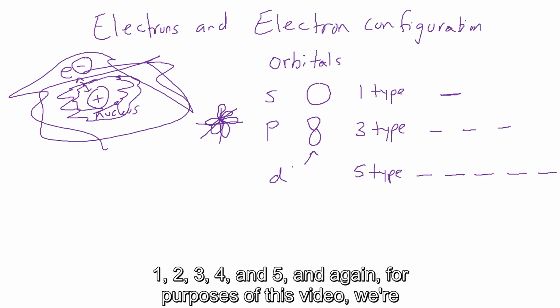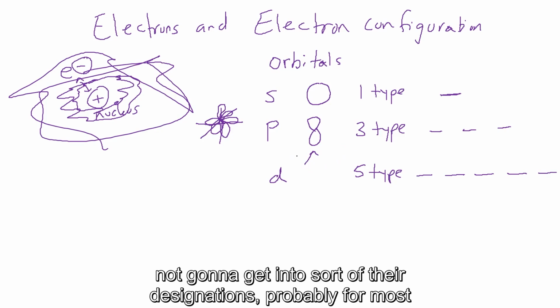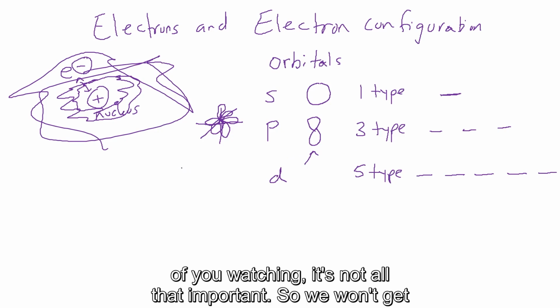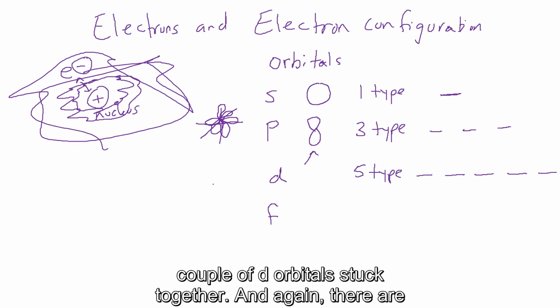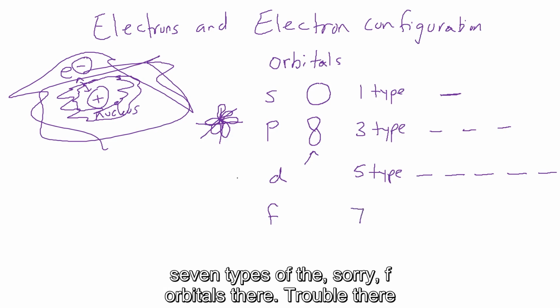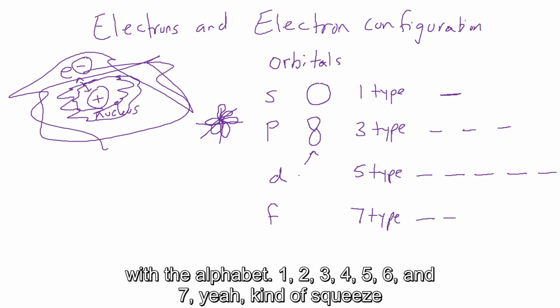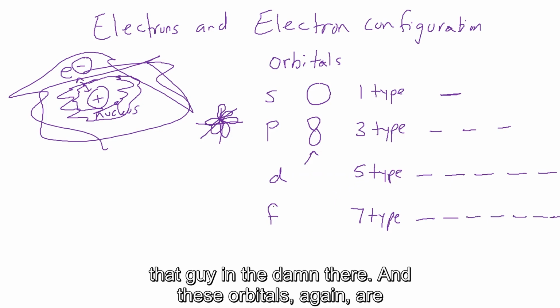And again, for purposes of this video, we're not going to get into their designations. Probably for most of you watching, it's not all that important. For f orbitals, they also look like a couple of d orbitals stuck together. And again, there are 7 types of f orbitals. I'm in trouble there with the alphabet. 1, 2, 3, 4, 5, 6, and 7. Kind of squeeze that guy in at the end there.